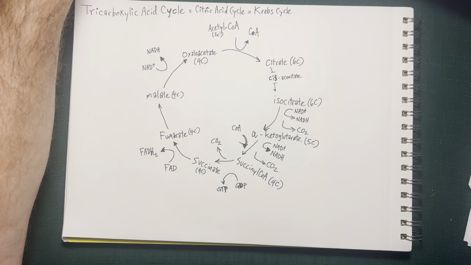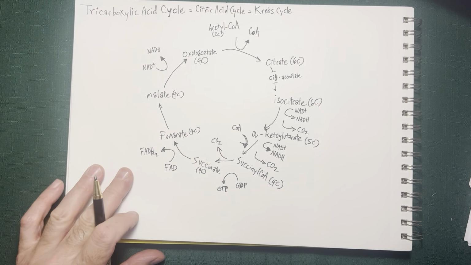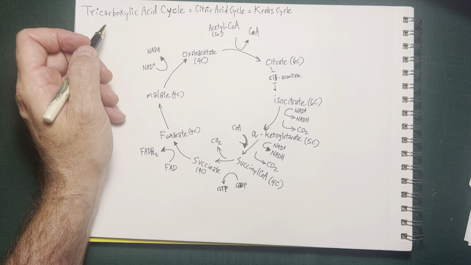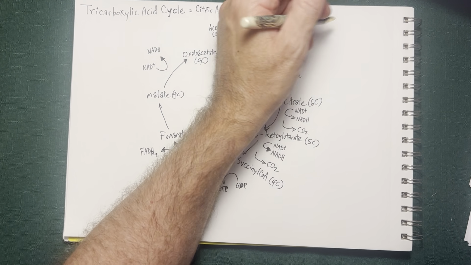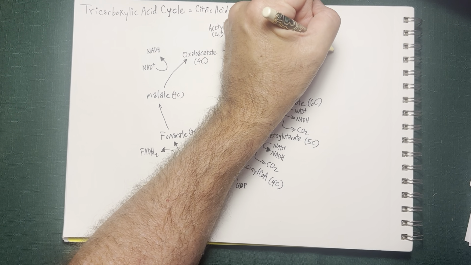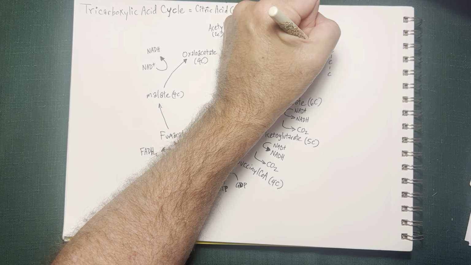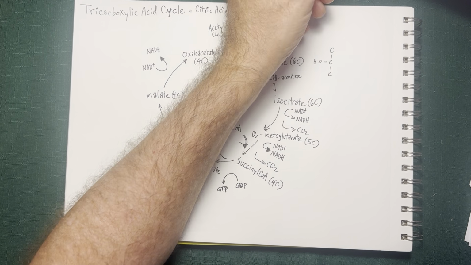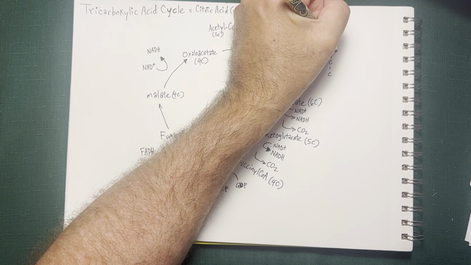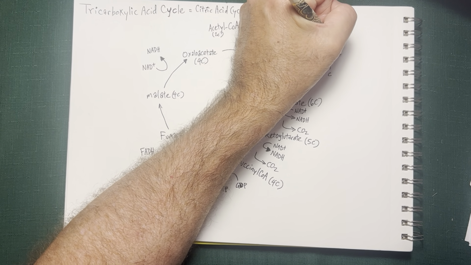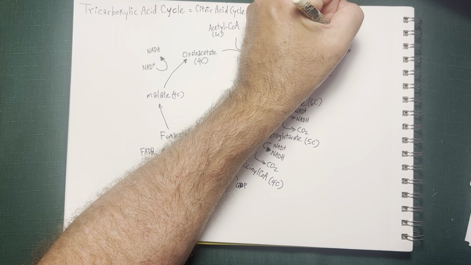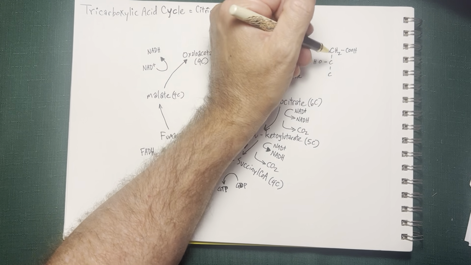And maybe just for funsies, while I've got you here, why do we call it the tricarboxylic acid cycle? Well, I'm just going to draw one of these intermediates, citrate. Look, there's a carboxyl functional group.